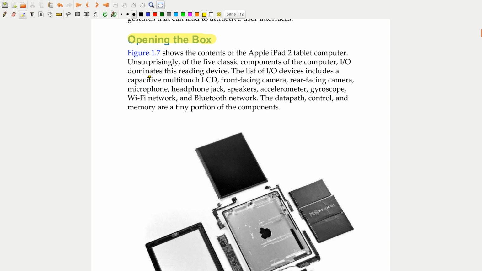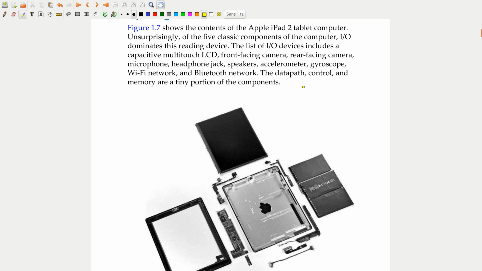It has multiple buttons for power, for the home button, and for volume. It has input for the headphone. It's got an accelerometer, so it knows how to spin when you twist it on its side. Wi-Fi and Bluetooth are considered I/O, of course. And then the datapath and controller, of course, are tiny things.